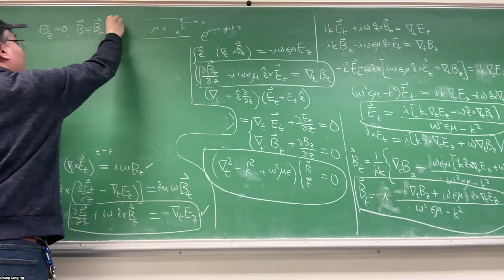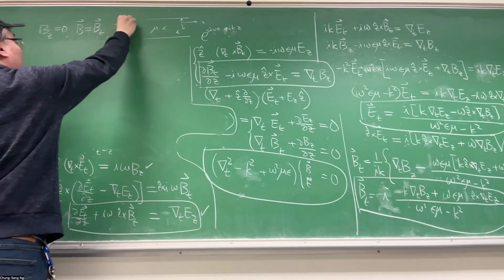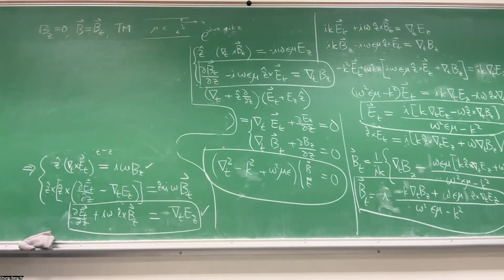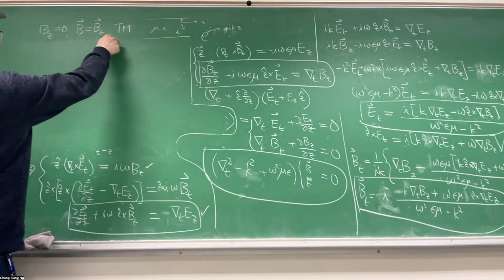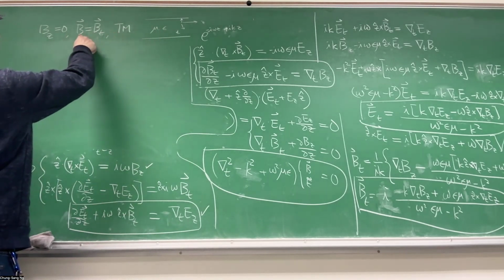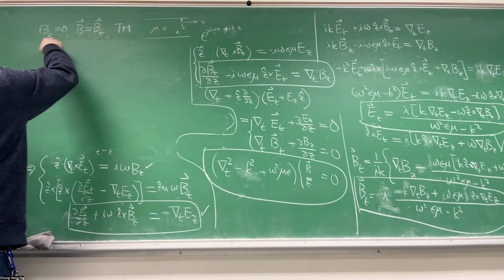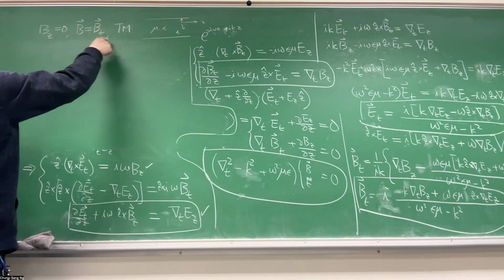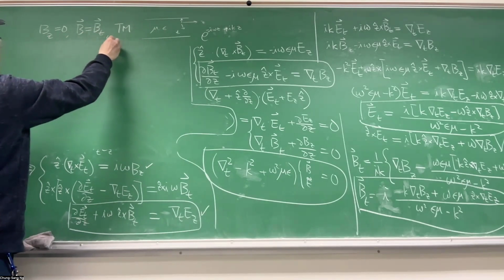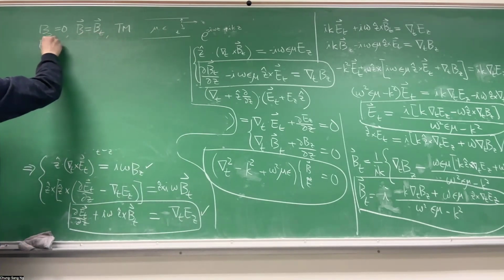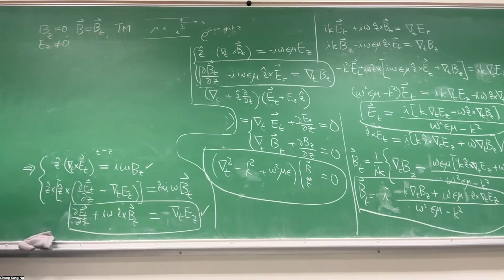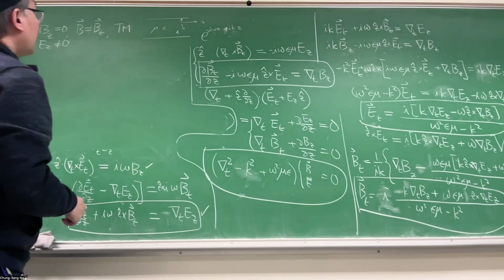This is called the TM mode, transverse magnetic mode. Okay, and for this case, because B sub z is 0, E sub z is non-zero. Non-zero. Right. Now we can figure out the boundary condition for E sub c, right?